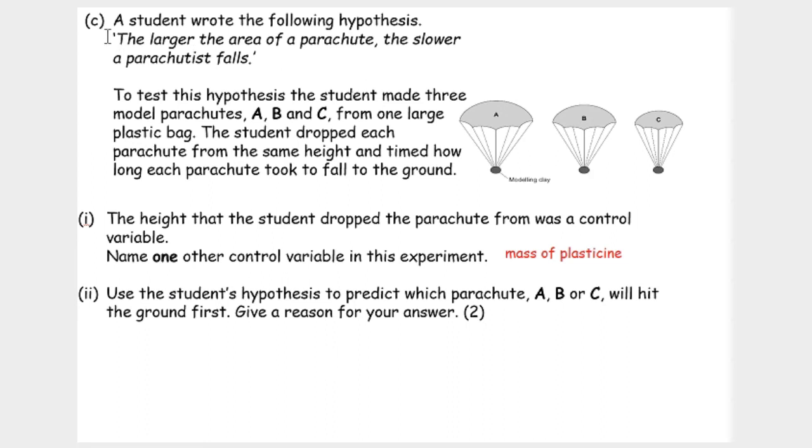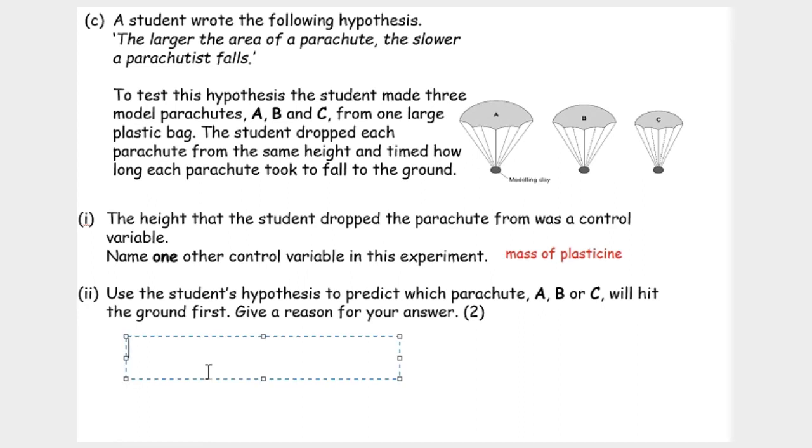Well, they've hypothesized the larger the area, the slower the parachutist falls. So this one here, C, has got the smallest area, and therefore that will fall most quickly according to the hypothesis.